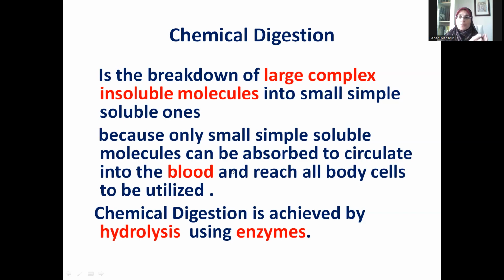Chemical digestion is the breakdown of complex, insoluble, large molecules into small, simple, soluble molecules, because only these small, simple molecules can reach the blood. Why do we want the molecules to reach the blood?